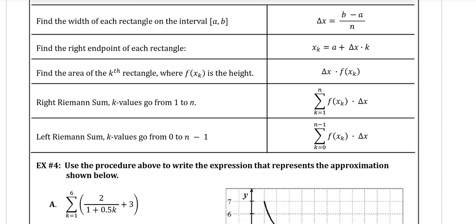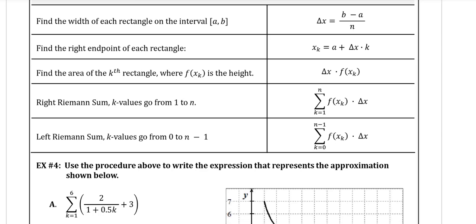All right, so here's the basic overview of what we're doing. We're going to make sure that we first find the width of each rectangle using our delta x equals b minus a over n. And then after that, we want to find the right endpoint of each one. We're going to assume we're doing right-hand sums. The right endpoint, x sub k, is equal to a plus delta x times k.